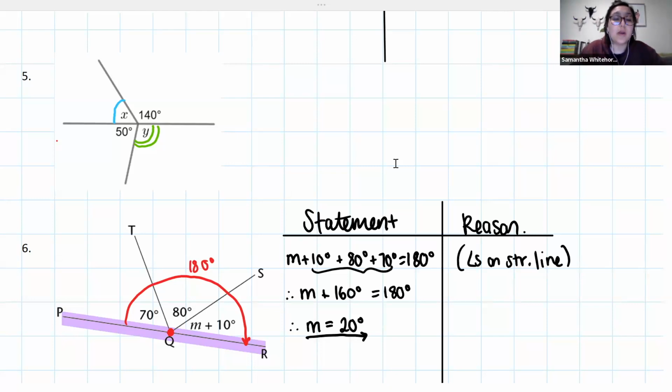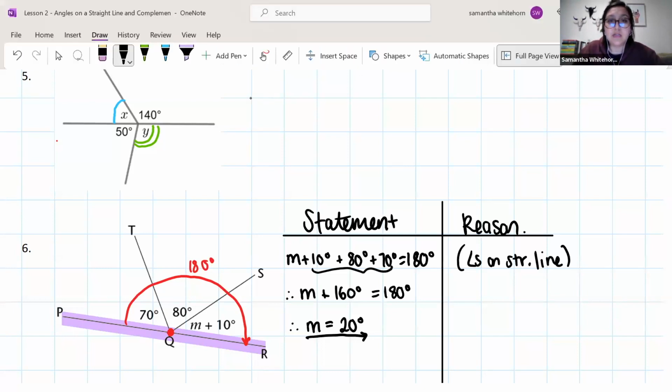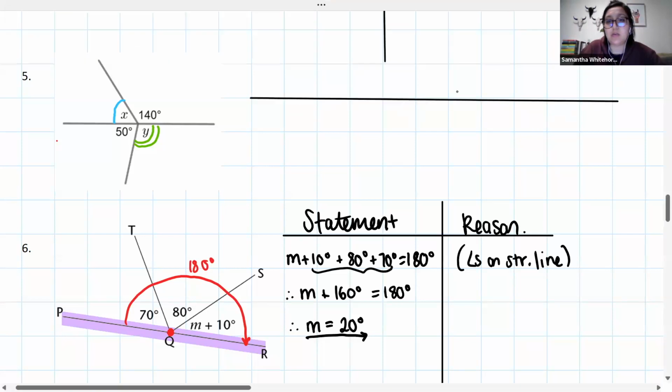Now what I want you to try and do for me is work out the values of X and Y. I'm going to give you 2 minutes, 3 minutes. You shouldn't need that long. Everything is there that you need. And then we'll go through the answers in like 2 or so minutes.